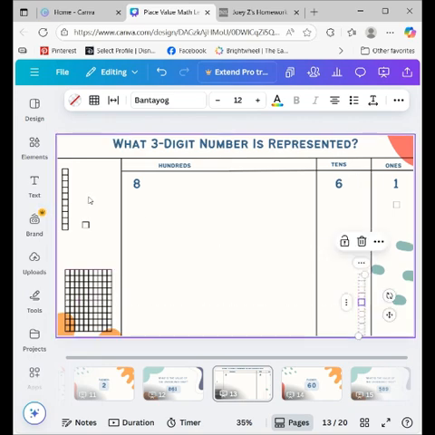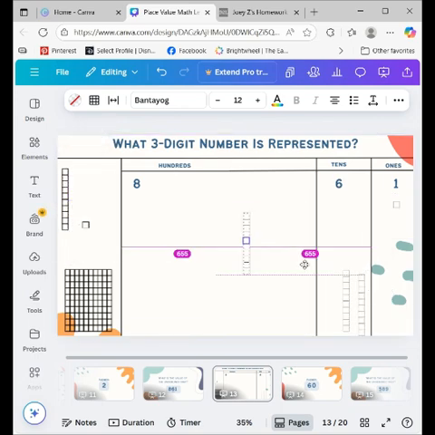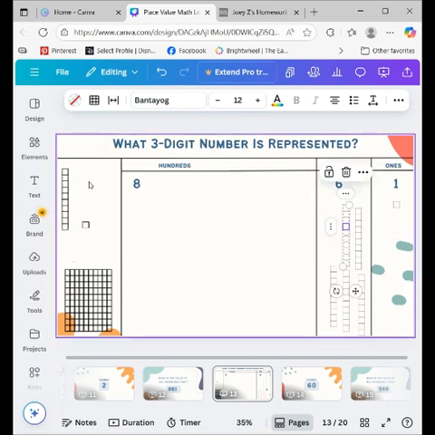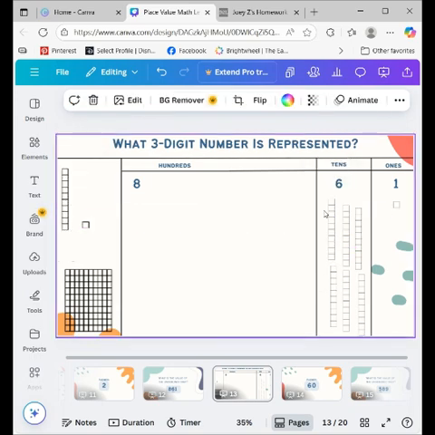One, two, 3, 4, 5, 6. Okay, so now we can double check ourselves to see if we have 6 tens by counting by tens.